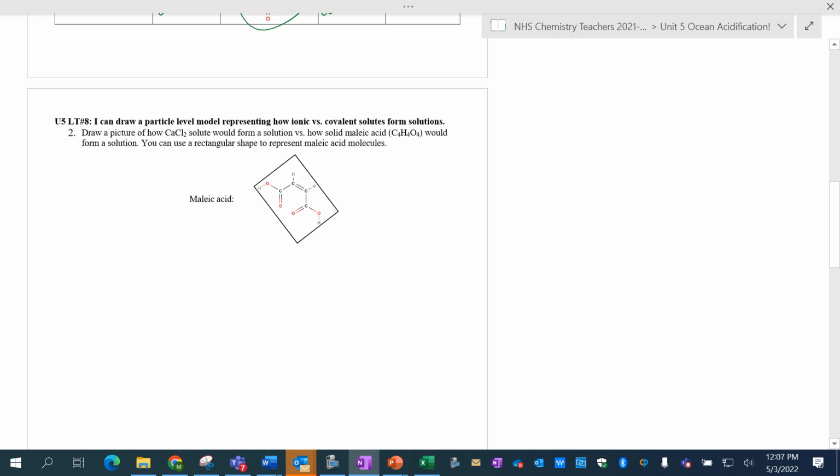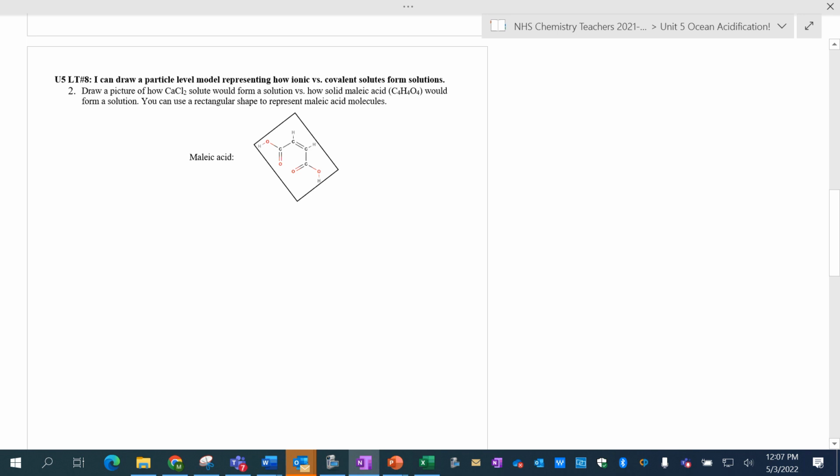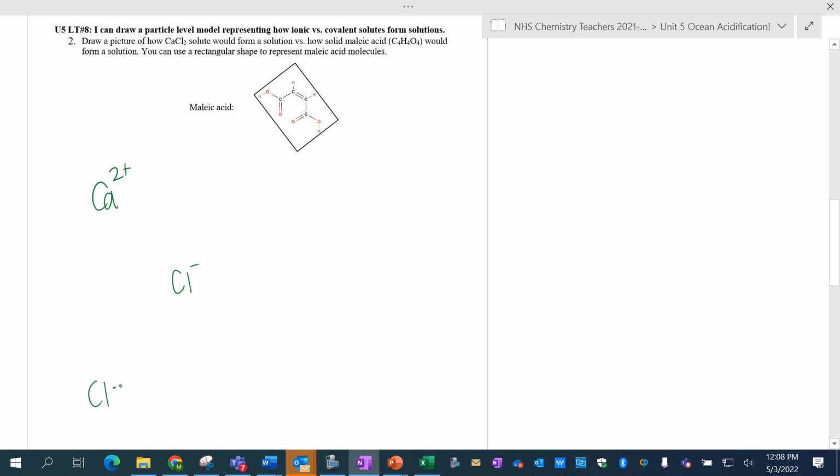Next, it says, draw a picture of how calcium chloride solute would form a solution versus how solid maleic acid would form a solution. You can use a rectangular shape to represent the maleic acid molecules. Okay, so calcium, when it's separated from chlorine, would have a +2 charge, and chlorine would have a -1 charge.